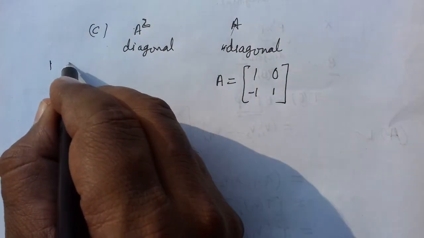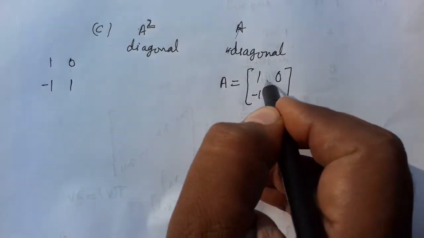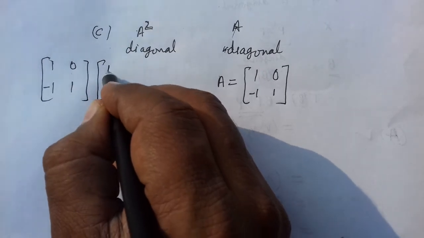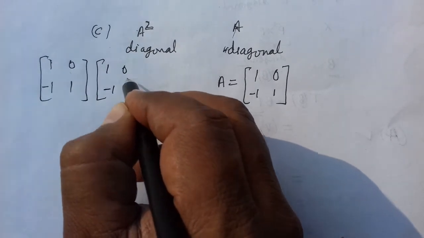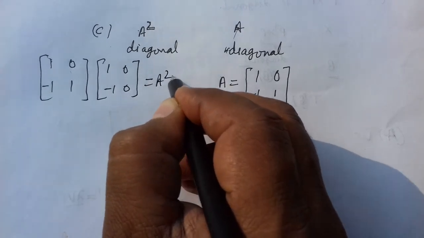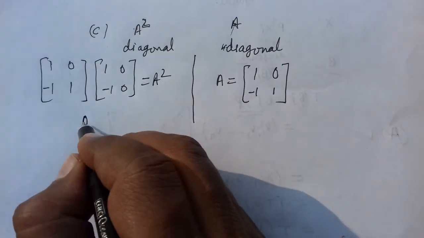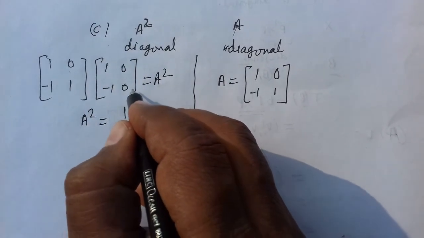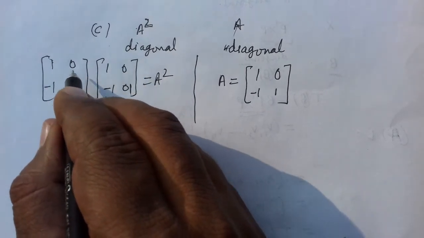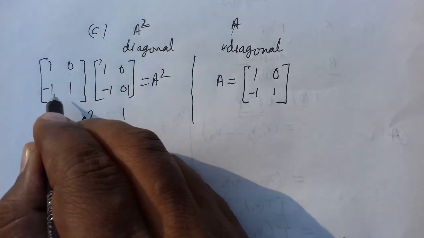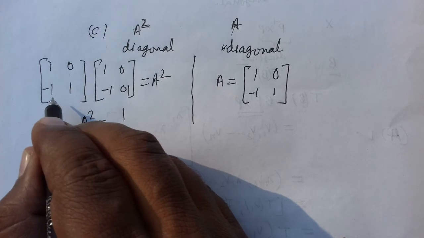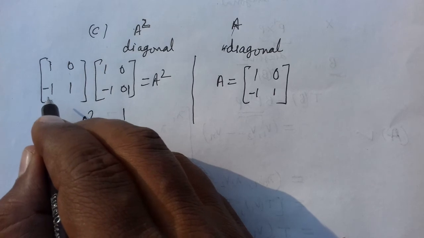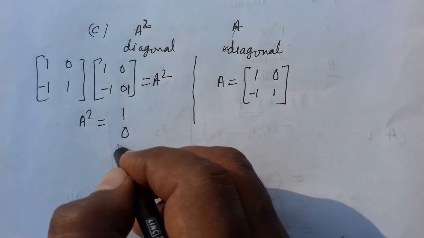To get the square we write this matrix two times, and take the product.